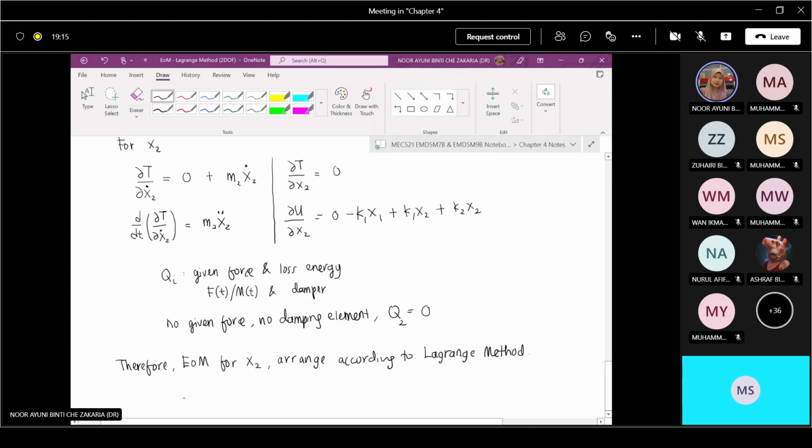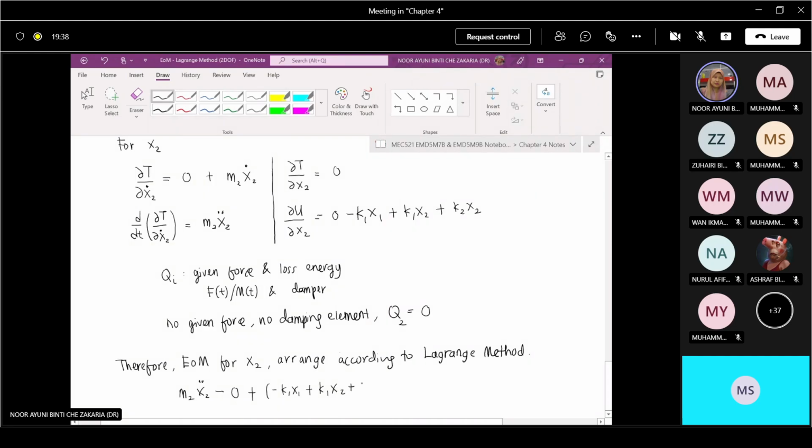So we have M2 x2 double dot minus 0 plus we have partial derivation of potential, yeah.